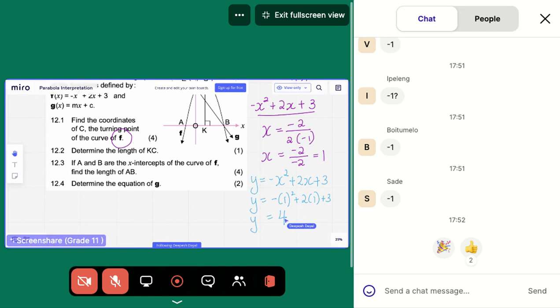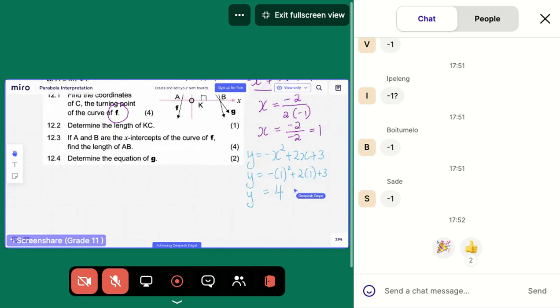So x equals 1, y equals 4, and we have C, which is 1 and 4. Everybody happy with C?